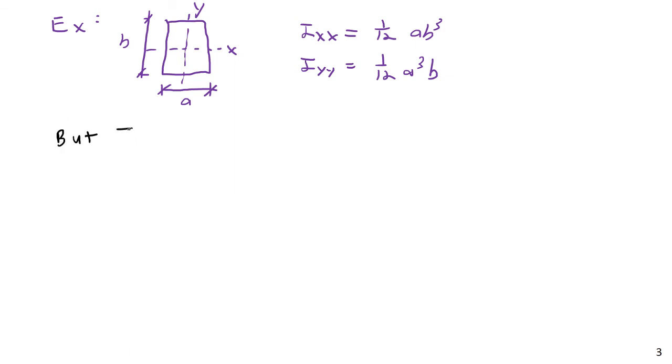Our Ix in our formula needs to be in relation to the global, not the local. I know this can be a little confusing, but it'll all come together in the final formula, thankfully.